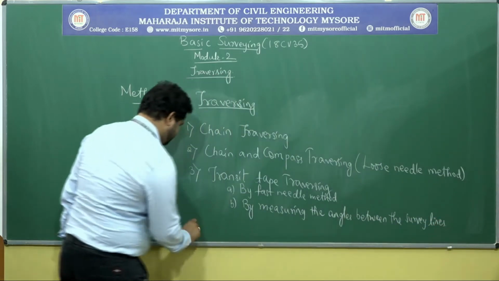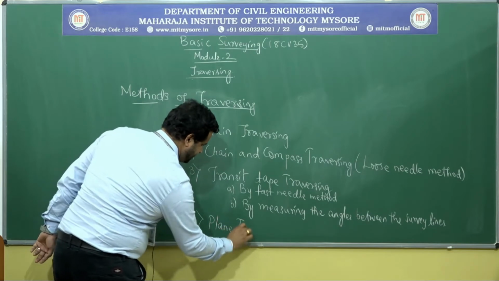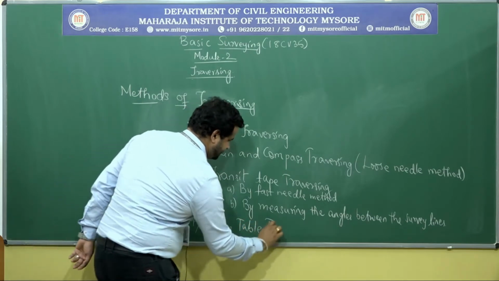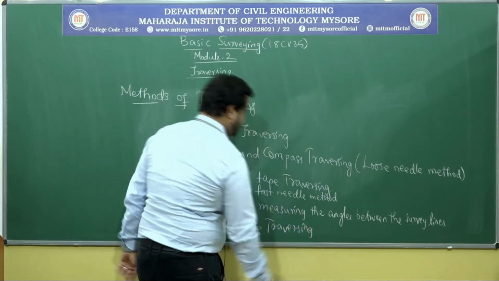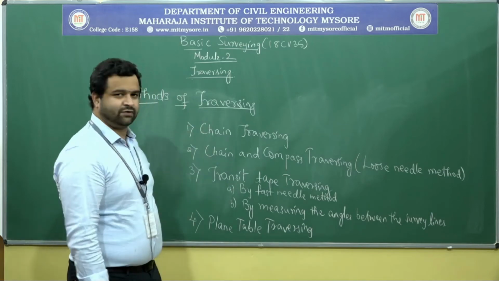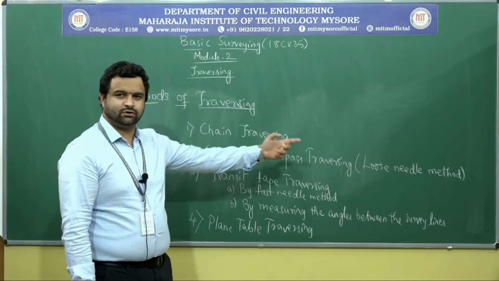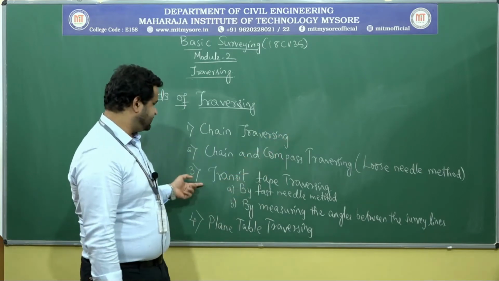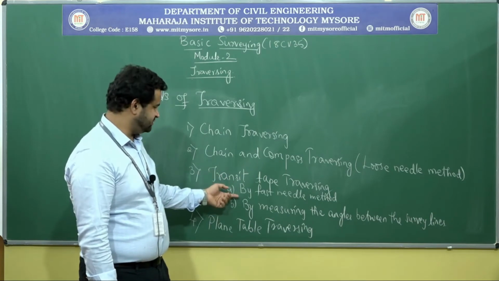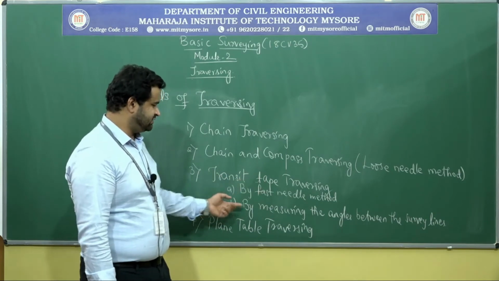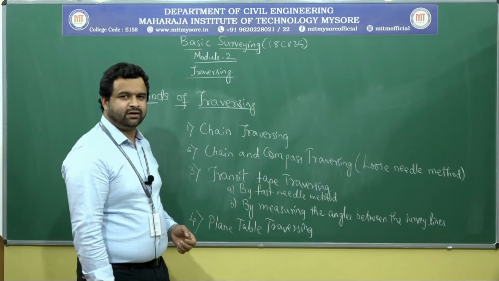And the last one is plane table traversing. So you have 4 methods of traversing: chain traversing, chain and compass traversing, which is also called the loose needle method, and transit tape traversing. In this you have 2 subdivisions: the first is the fast needle method and the second is by measuring the angles between the survey lines. The fourth one is plane table traversing.